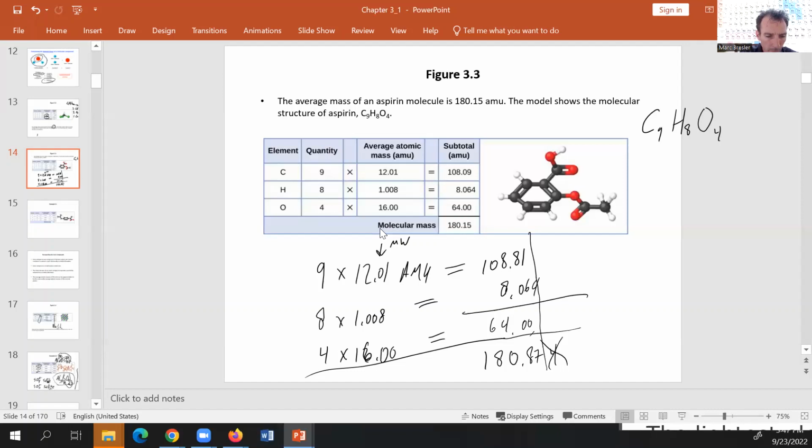So I'm not sure how my number was a little bit off of theirs. Let's see here. 9 times 12.01. I don't know, this was not an 81 somehow. That was a 09. That was where my little mistake was there. So 108.09 plus 8.064 plus 64 is 108.154.